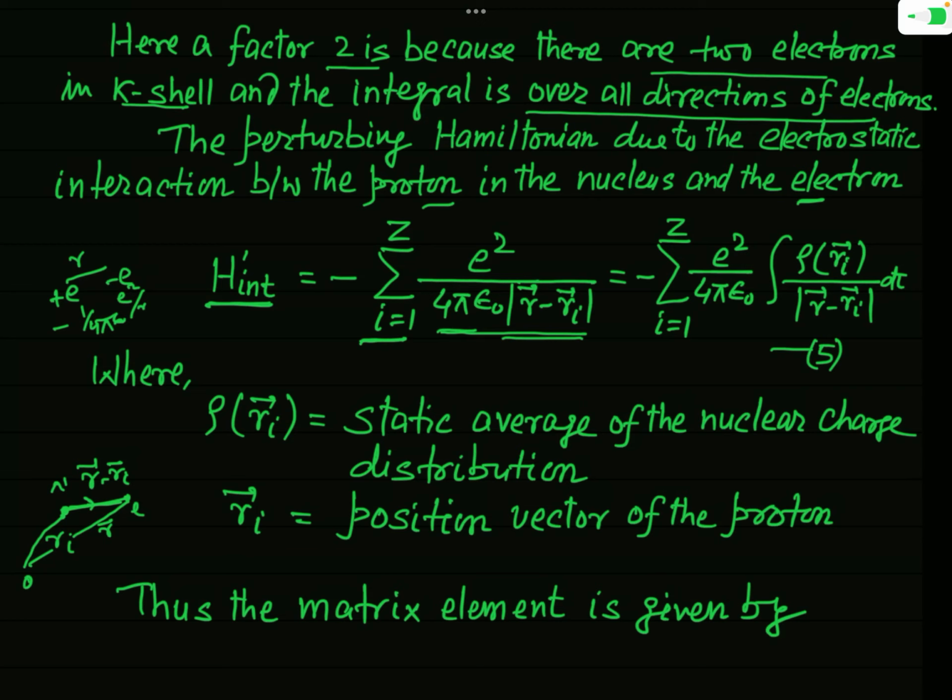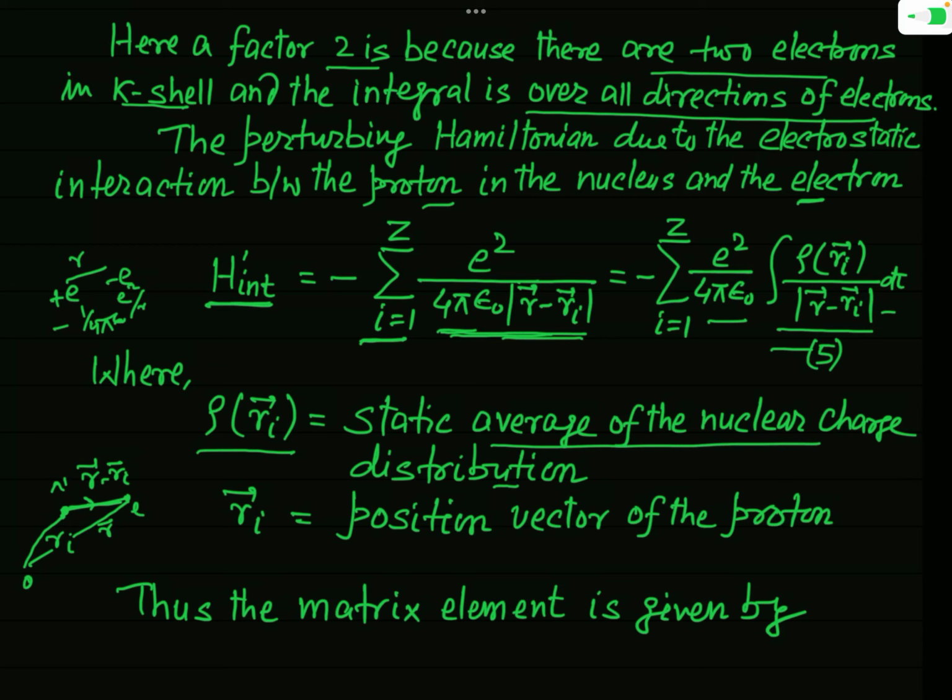If we consider the continuous charge distribution, then the expression for this interaction energy will be minus Z e squared over 4π ε naught times the integral of ρ(R_i) over mod of r minus R_i dτ. Here we have assumed that ρ(R_i) is the static average of the nuclear charge distribution.